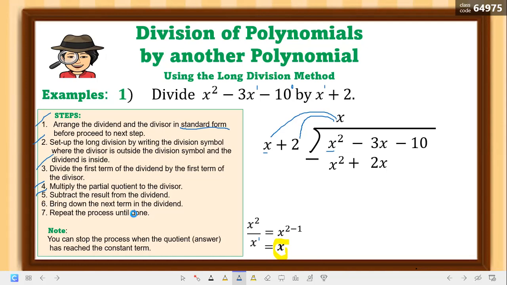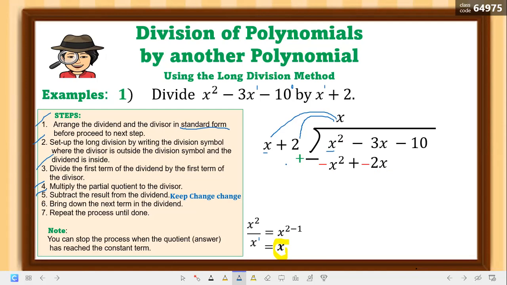Keep, change, change. Ibig sabihin yan, keep the minuend, change the sign of the subtrahend, and change the operation. Kaya nga magre-reverse ng sign to. X squared to, positive yan, ito ay 2x, magre-reverse ng sign yan. Kaya magiging negative yan. Magiging plus na rin yan kasi nga in-reverse natin. And we have to add.